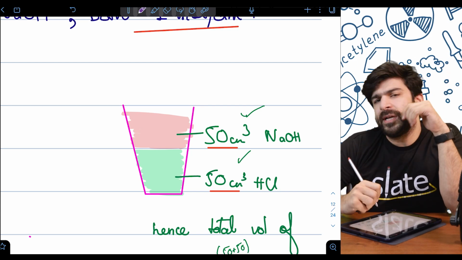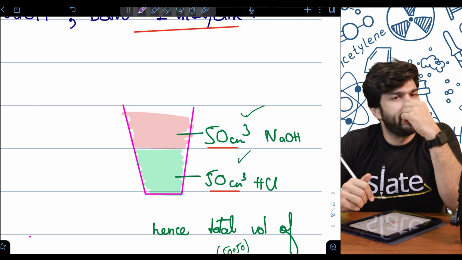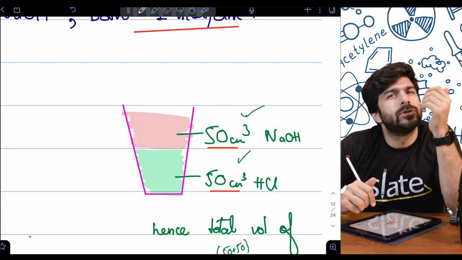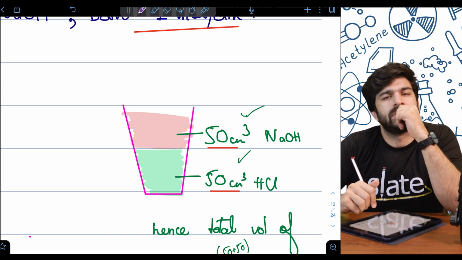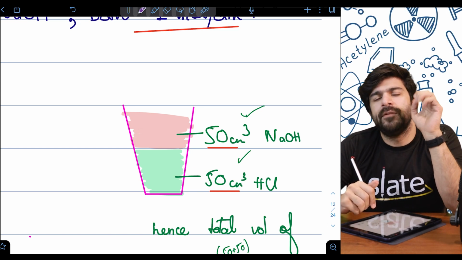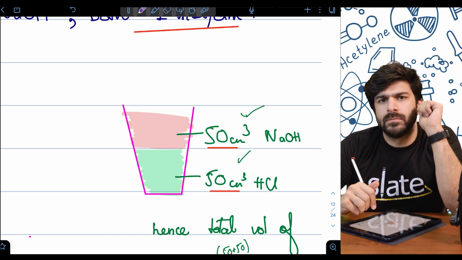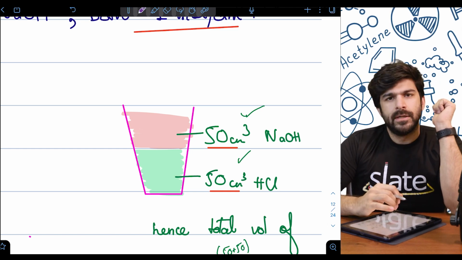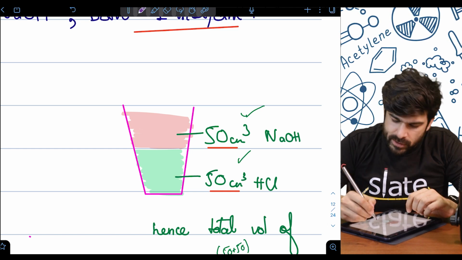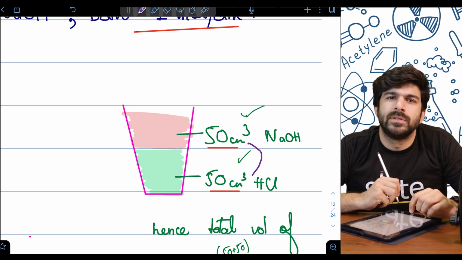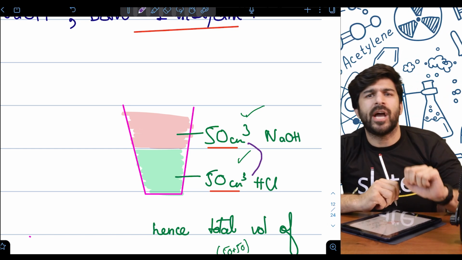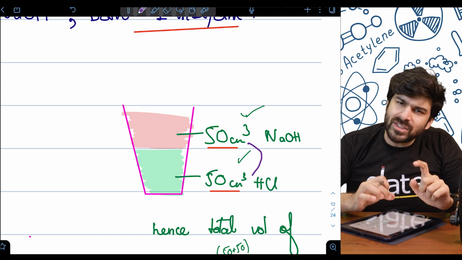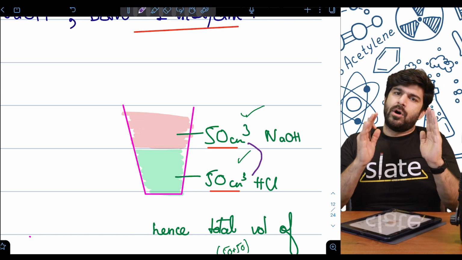If we have 50 centimeter cube of HCl and 50 centimeter cube of NaOH solutions, both the solutions are aqueous, and both of them are made in 50 centimeter cube of water. So ultimately, the total volume of water is the sum of these two volumes. This is the case for all the enthalpy change and neutralization reactions. The mass of water will be the sum of volume.